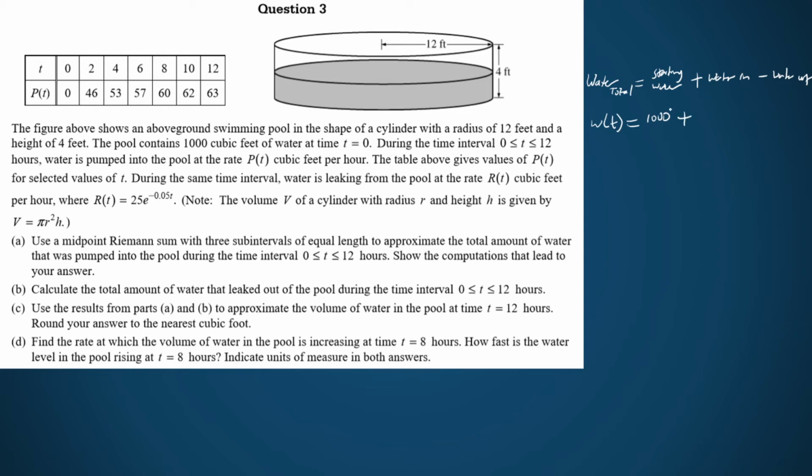Plus however much water we have in it at t would be the integral from 0 to t of which one? How do I find out how much water we pumped into this? P of t dt.